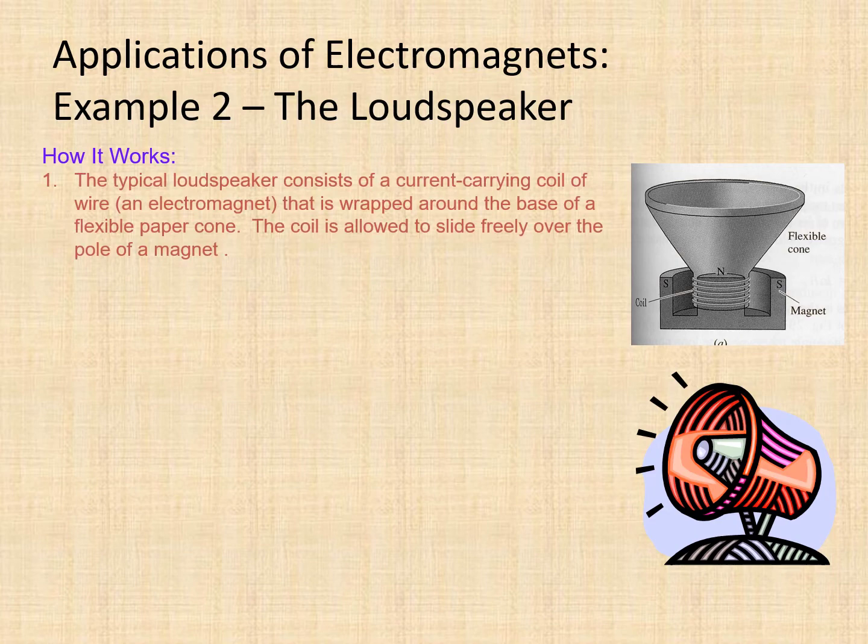The typical loudspeaker consists of a current-carrying coil that is wrapped around the base of a flexible paper cone. So remember that current-carrying coil, aka solenoid, is really an electromagnet, and if you look in the diagram you'll see that it's attached to the paper cone. The coil is allowed to slide freely over the pole of a magnet, and as the diagram suggests, this magnet is not a typical bar magnet.